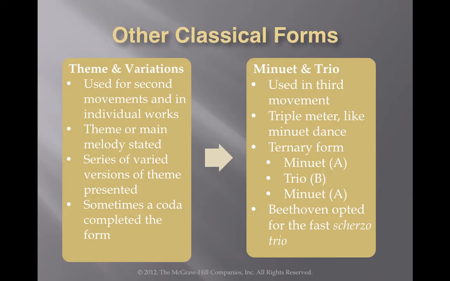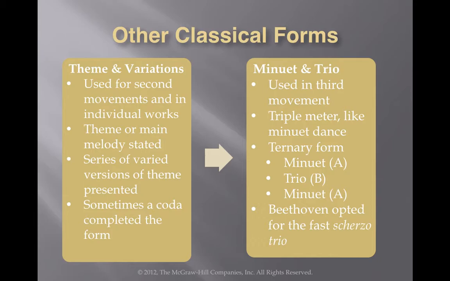Now, the sonata form is a very prominent form of music in the classical period, but there were other forms that were used in sonatas and other genres of music. One of those forms is the theme and variations form.